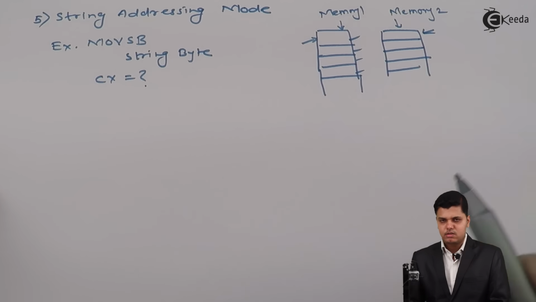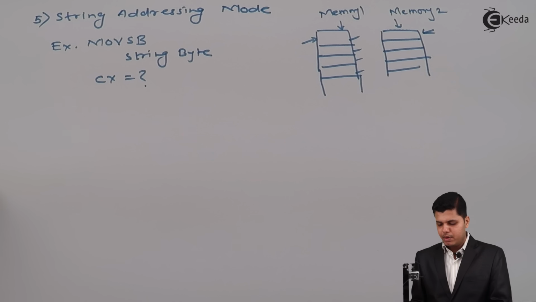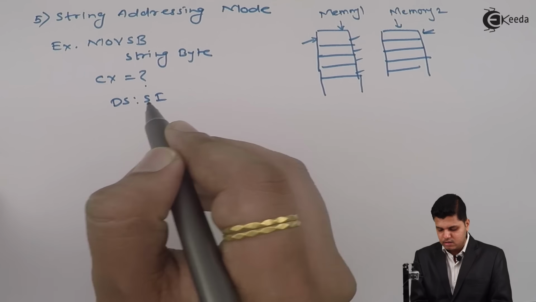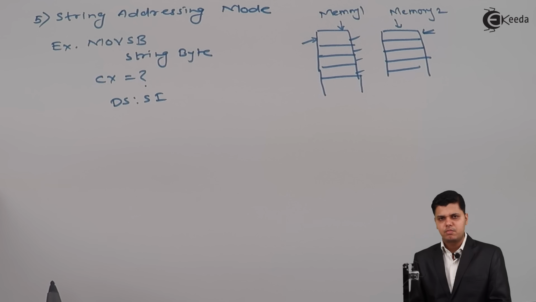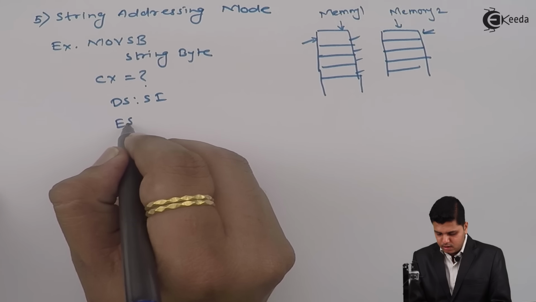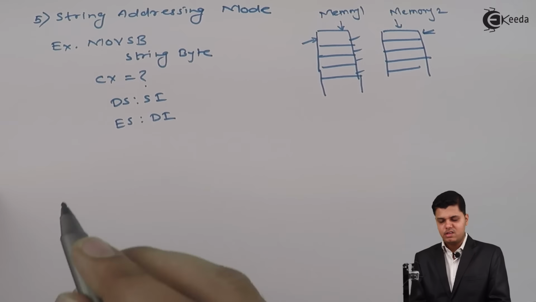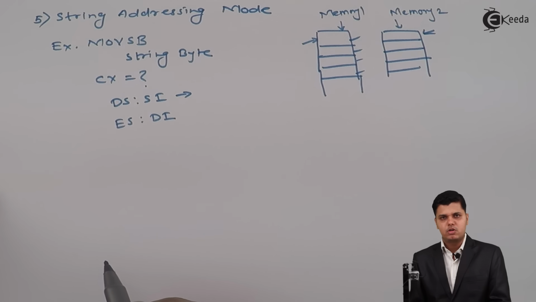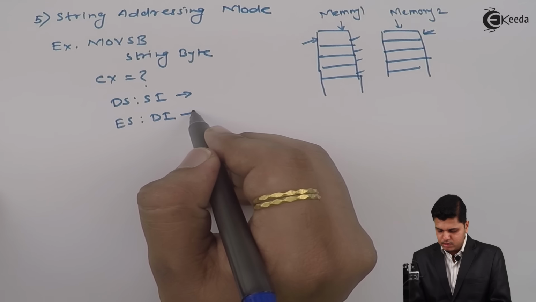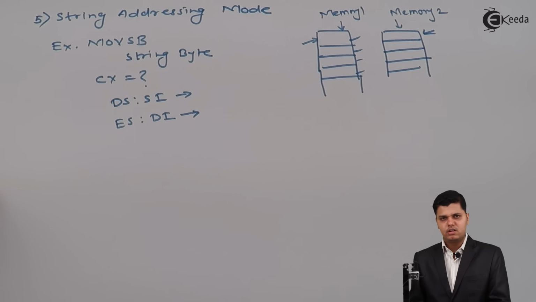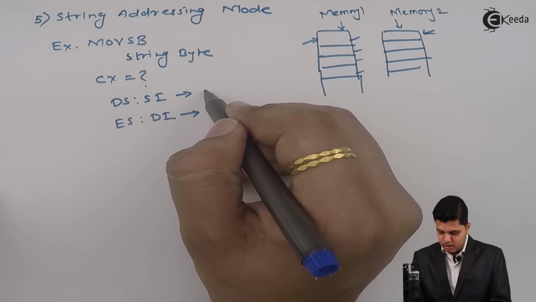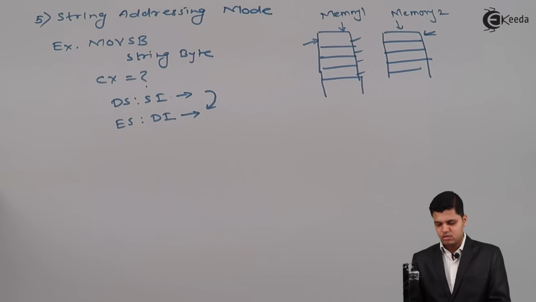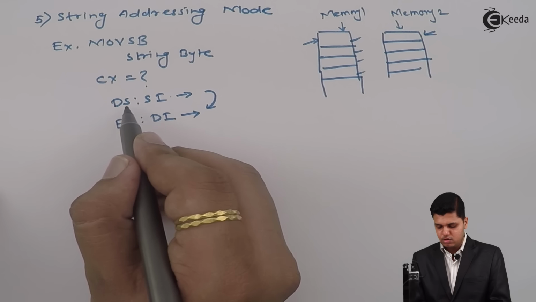The operands here are the combination of DS and SI, that is the data segment register and source index, and ES and DI, that is the extra segment register and destination index. So one combination forms the source address and the other forms the destination address. The data starts from the source and is forwarded to the destination.